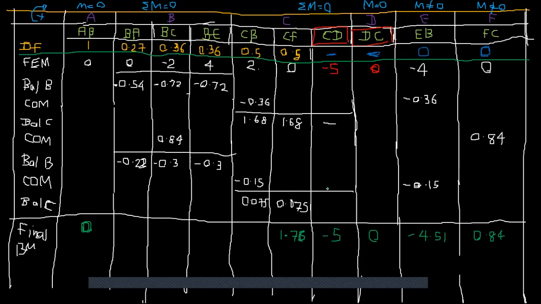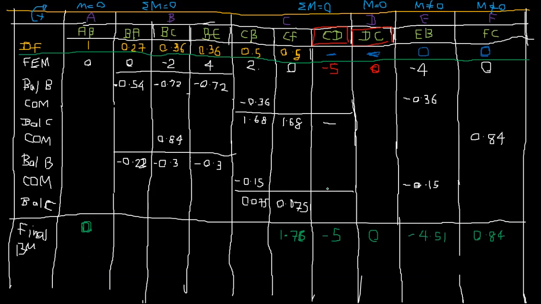Okay. So that's going to be 2 minus 0.36 plus 1.68 minus 0.15 plus 0.075. So that's going to be again how much?